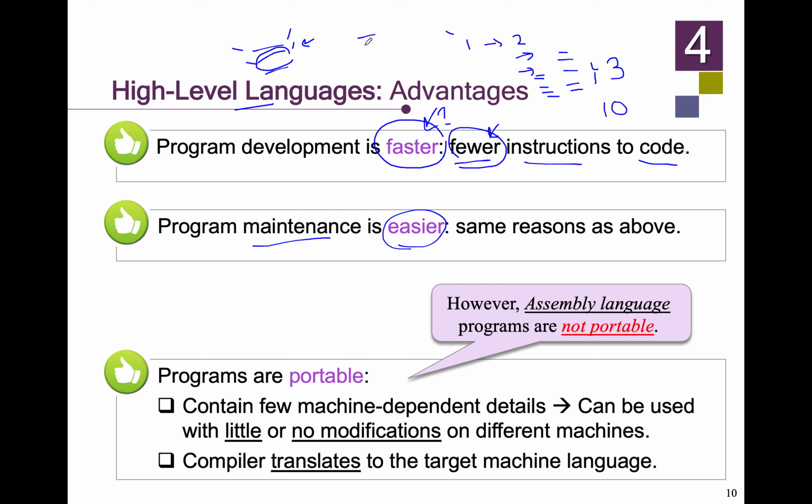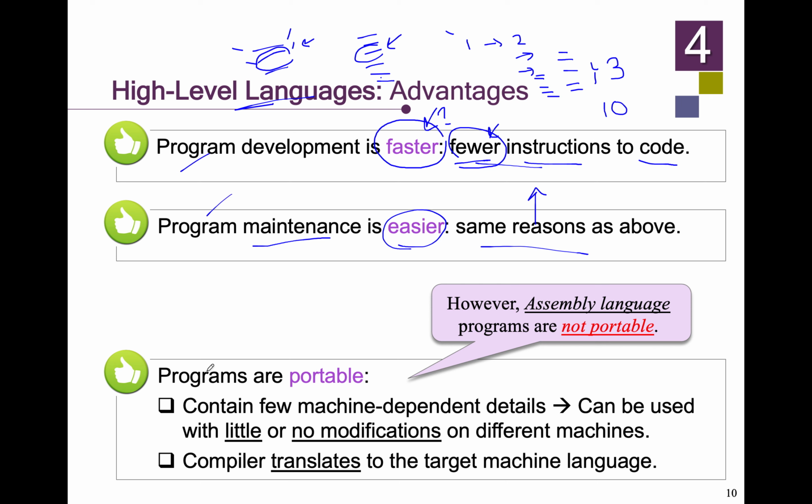Rather than if you have 10 or more lines, you need to change one line, you need to figure out where the error is, where the warning is, what is happening in your code, etc. That effort is going to be quite high compared to using a high level language, which normally has fewer instruction codes, which is the same reason as above. So these advantages we have already looked into.